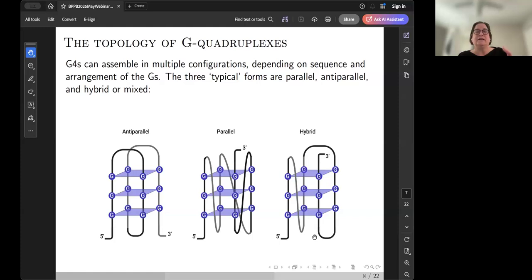But what happens is that you have different ways that they can line up. The ones that we're most concerned with are these parallel, anti-parallel, and then a hybrid form.